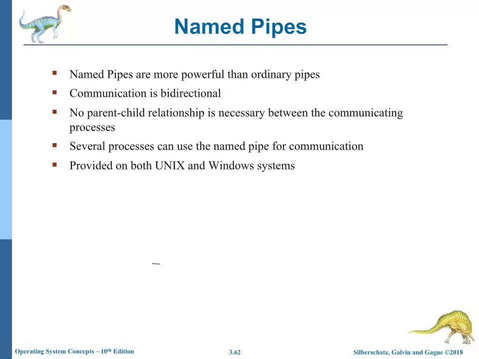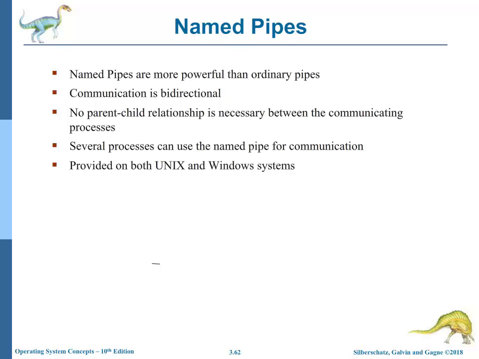A FIFO, first in, first out file, is a special kind of file on the local storage which allows two or more processes to communicate with each other by reading or writing to or from this file.